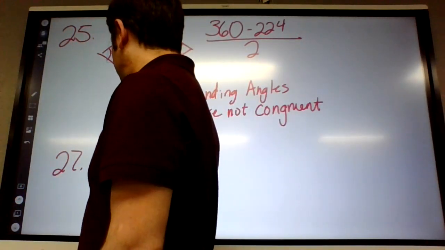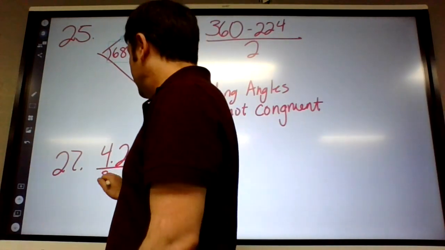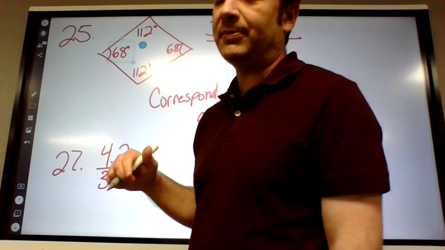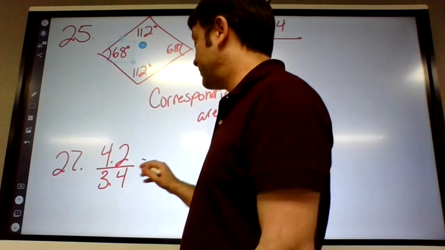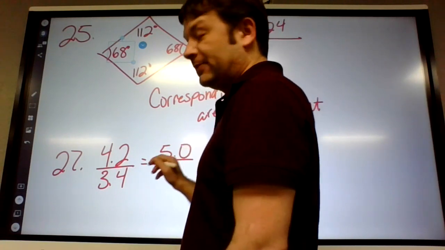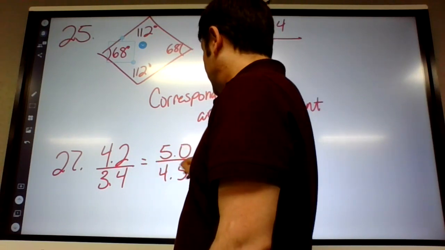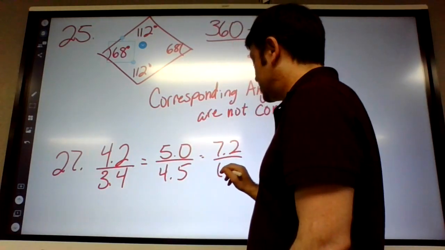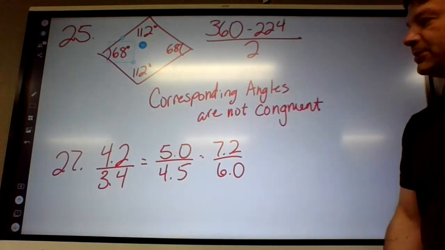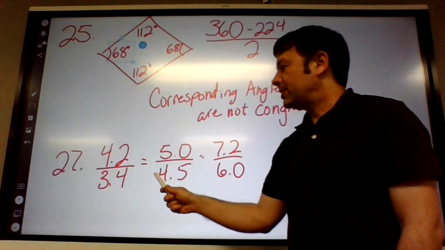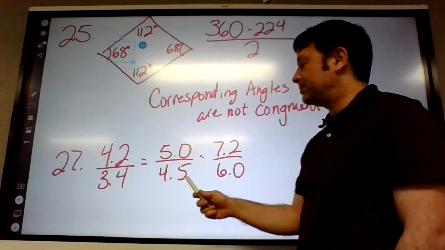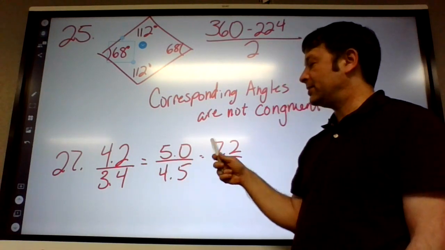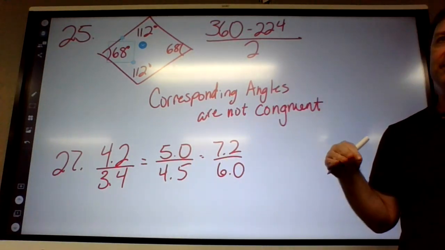So 4.2 should go with 3.4, and that needs to equal, if I do 5.0 on the left triangle, what should that match on the right? No, 4.5, because that is the middle value. So that has to be equal, and also it has to equal 7.2 to 6. So how can we tell if those are equal or not? Okay, two ways. You could cross multiply, like twice, or you could just divide, like that divided by that, that divided by that. Do they all come out the same?